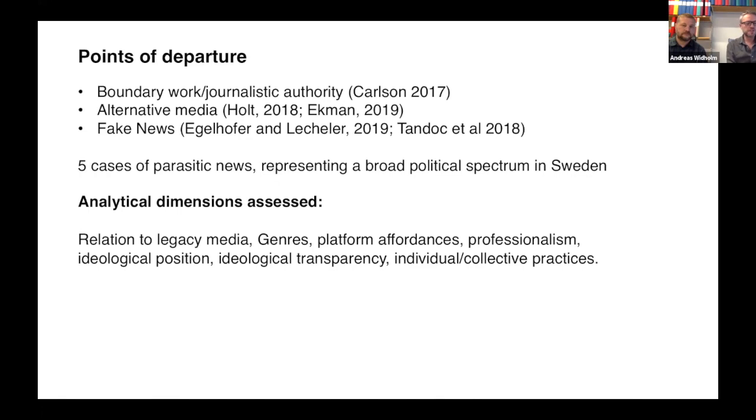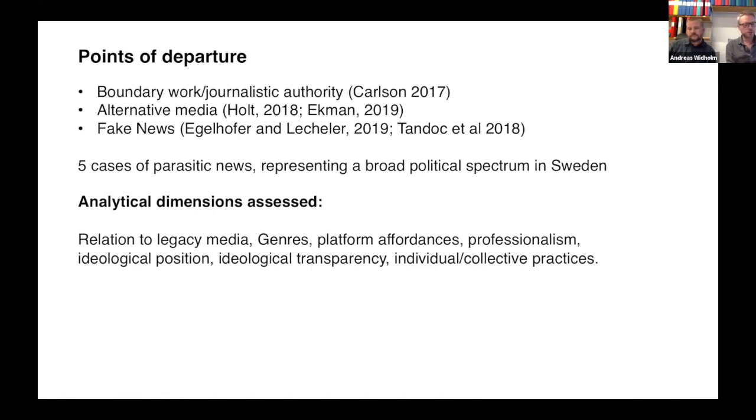So, in terms of research design, we assess our material through 7 analytical dimensions. Relationship with legacy media, that is, if they are in opposition to mainstream media or not, for example. We look at genres, we look at platform affordances, we look at level of professionalism, that is the extent to which the content tends to have a sense of amateurism, or if it appears to be professionally produced.